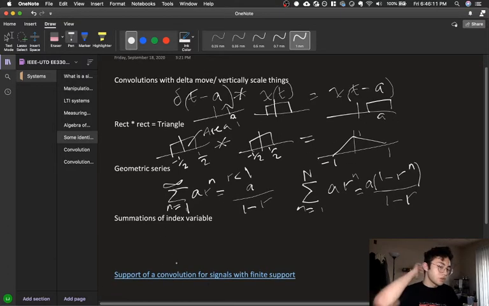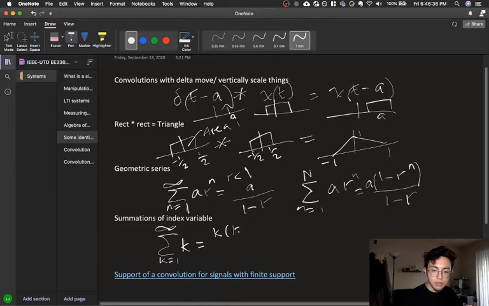Right. So those are helpful for solving problems. Another useful one is the summation of just the index variable itself. I probably should have used k's up there, but that's okay. So if we have the summation from 1 to infinity of just the index variable k, then this is going to be k times k plus 1 over 2.